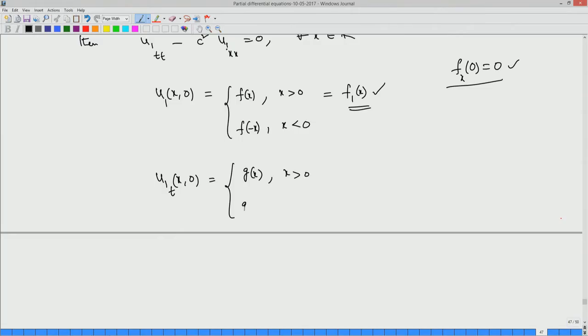So, you have g of minus x here when x is negative. This is your g1 of x.